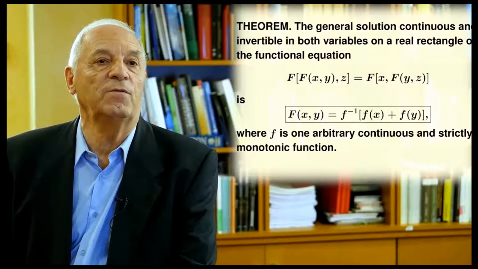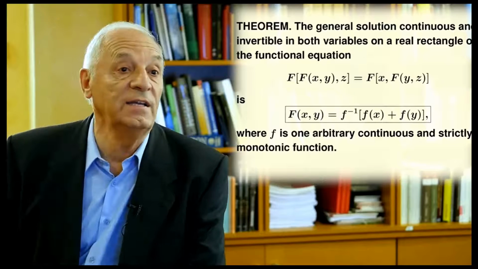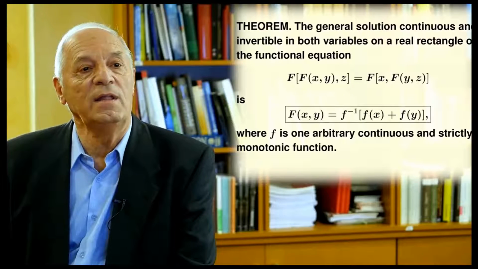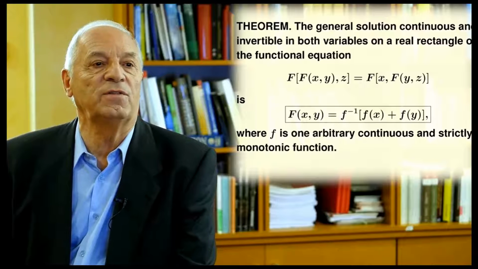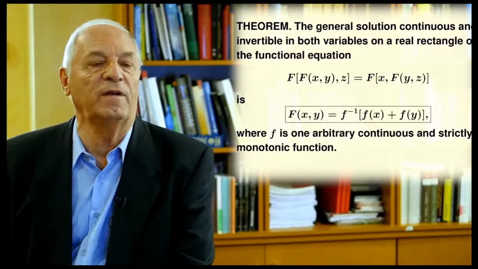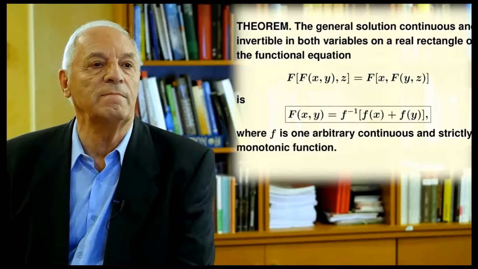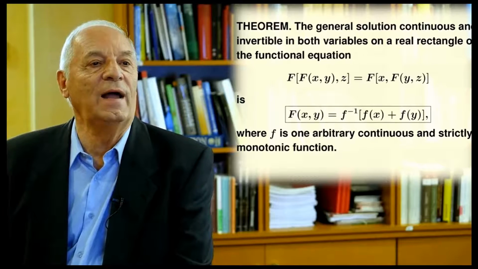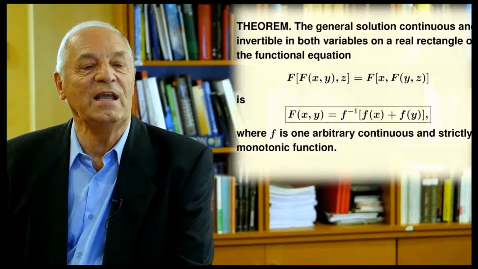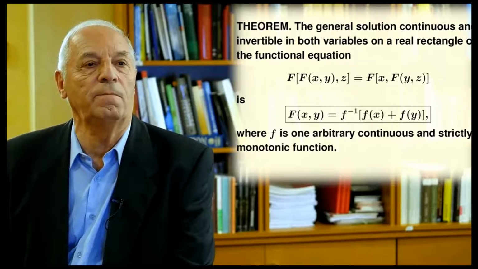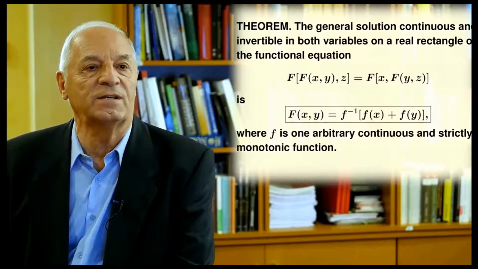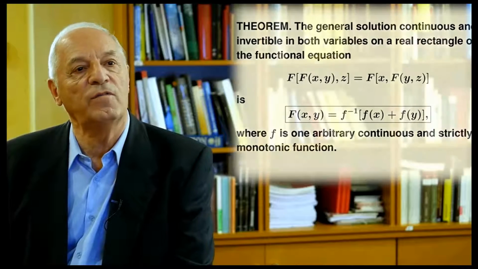And now functional equations tell us that we only need a one-argument function, the f function. So we have simplified the problem a lot. And this function has to be invertible. So in this formula, you can see all possible associative operations with real numbers, and there are no more. If an operation cannot be written in this form, it won't be associative at all.